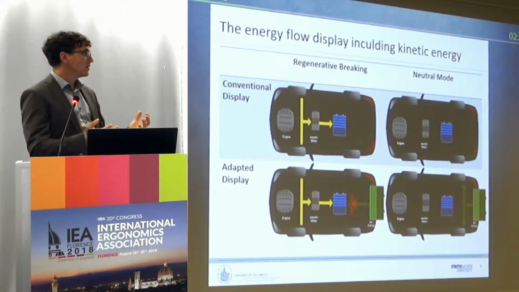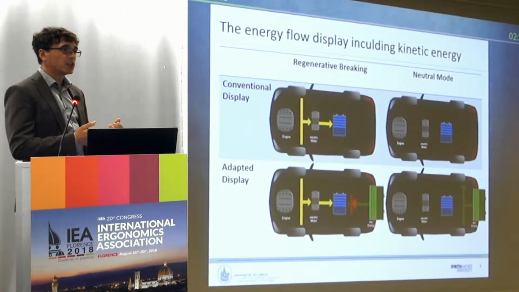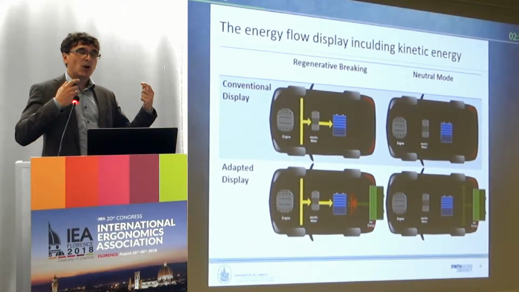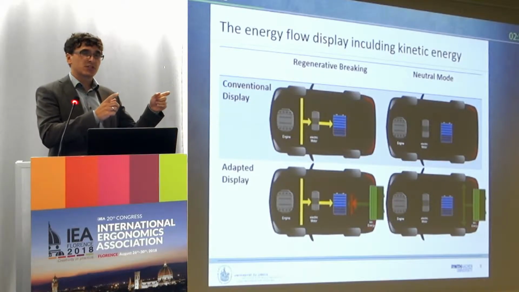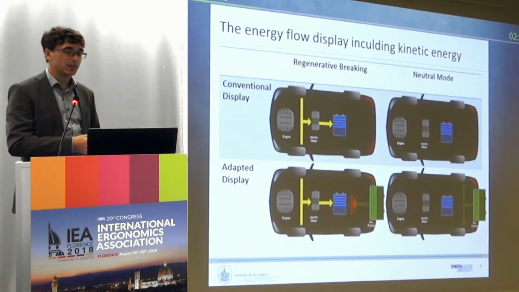But there's no way you are seeing that you have this precious kinetic energy, apart from perhaps thinking, okay, speed is precious, because of course kinetic energy is very closely related to speed.